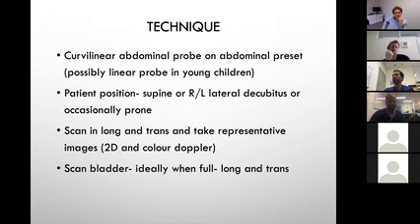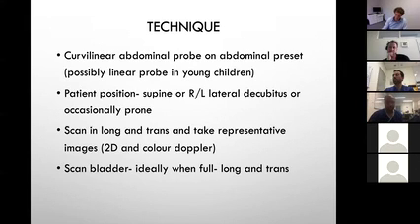Quick technique: you can use a curvilinear probe on an abdomen preset to do renal scanning, or if there is a dedicated renal preset, please use that if your machine has it. If it's a really young child, you could get away with a linear probe for more definition of the renal parenchymal structures.